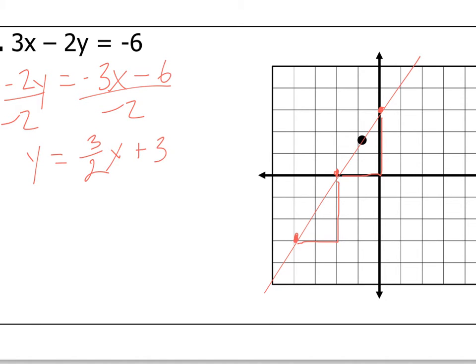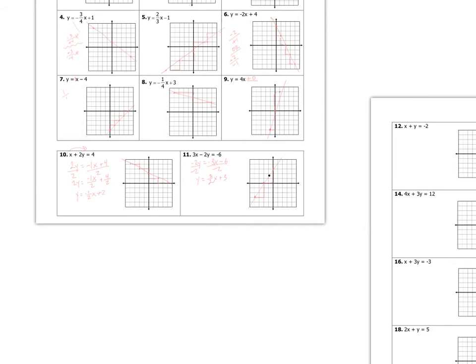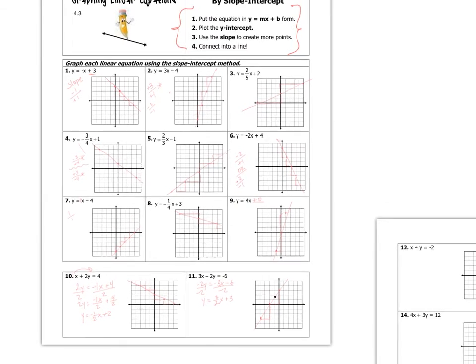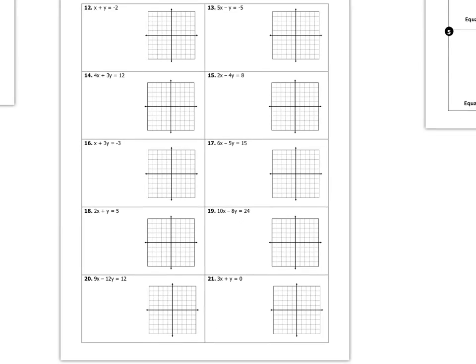If you guys want to take a brain break and pause this, I know we just did a lot there, and look over everything that we've got right there. I know that's a lot. We're going to move on with 12 through 21.